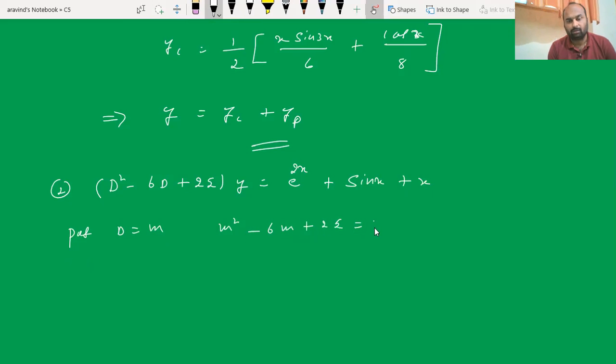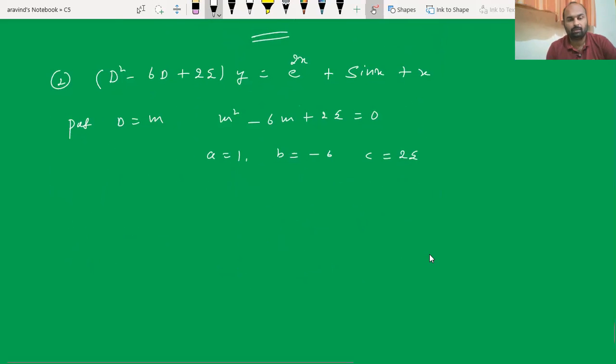So this equation has complex roots, so let us apply the formula. Take the m square coefficient as a, which is 1, the m coefficient as b, which is minus 6, and the third one is c, that is 25. So let us write the formula: m is equal to minus b plus or minus square root of b square minus 4ac, divided by 2a.